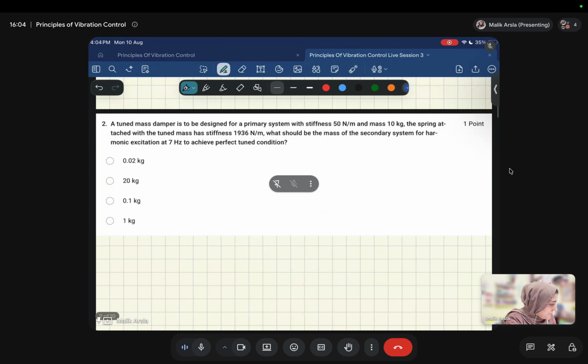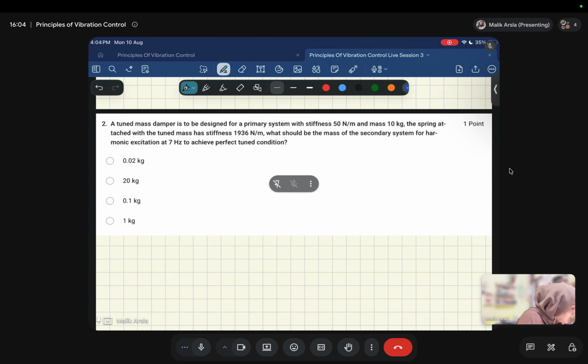Now moving to question number 2, we have been given that a tuned mass damper is to be designed. So you must have studied the design and modeling of the tuned mass damper and some other kind of vibration isolators or dynamic vibration absorbers during the week. We have earlier also studied about the tuned mass damper.